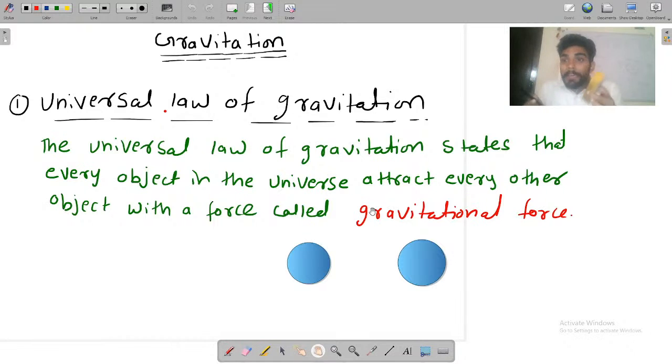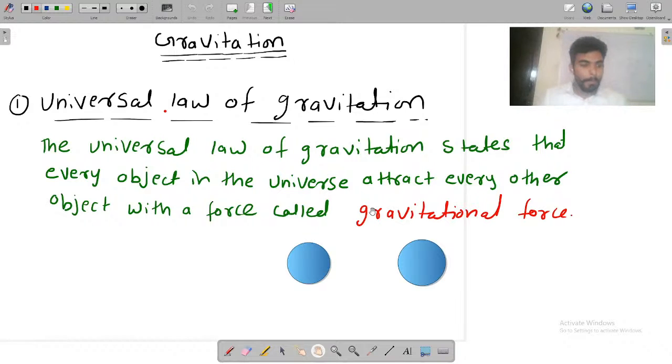But in real life we see that they are not attracting, because the magnitude of force is very low. That's why they are not able to attract each other. I will show you in the next slide with how much force they attract.